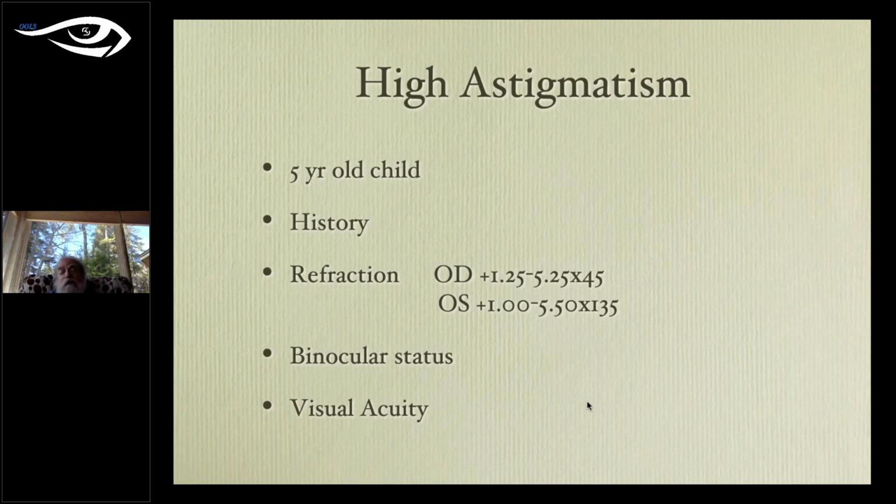And to my surprise, we found a ton of astigmatism in some of the Mongolian populations, particularly the more tribal people. So I think there are populations all over the world that have high degrees of astigmatism.